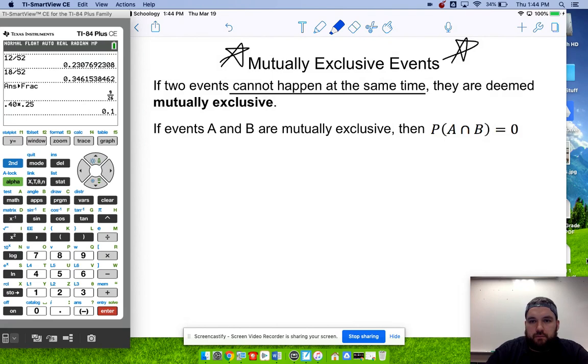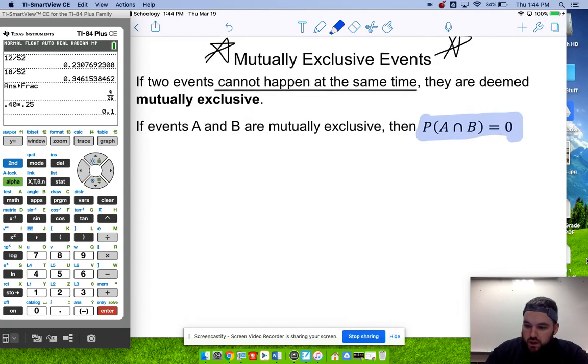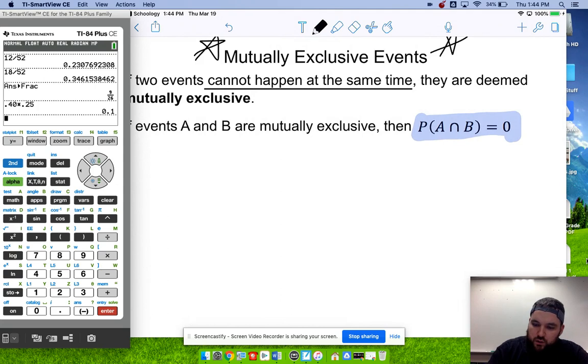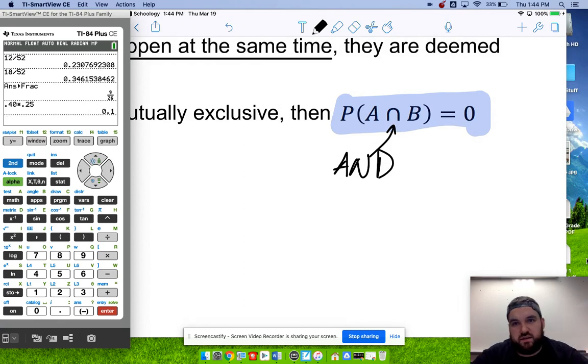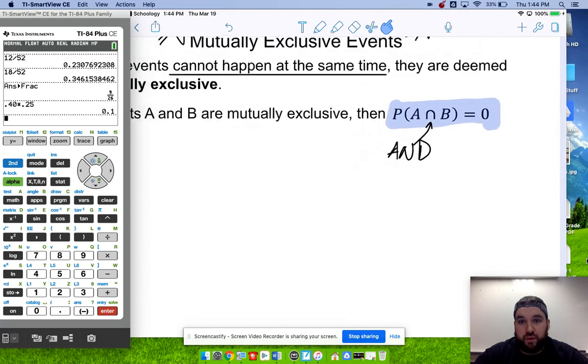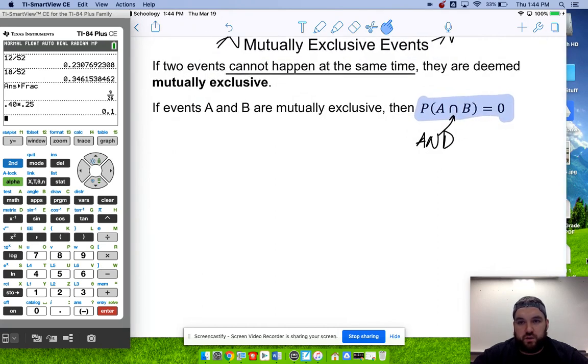But clearly, if two events can't both occur, we can go ahead and make the statement using our new fancy math symbol that the probability of A and B occurring is 0. Just by definition, if they can't both occur, then the probability of A and B is equal to 0.